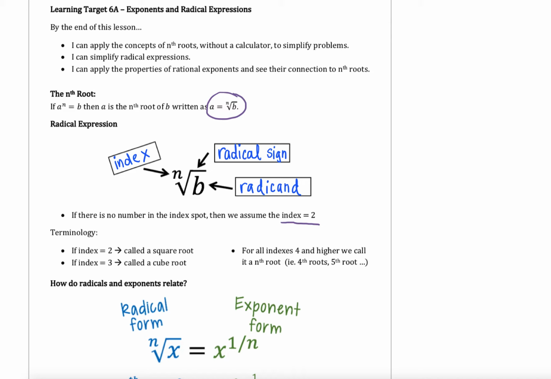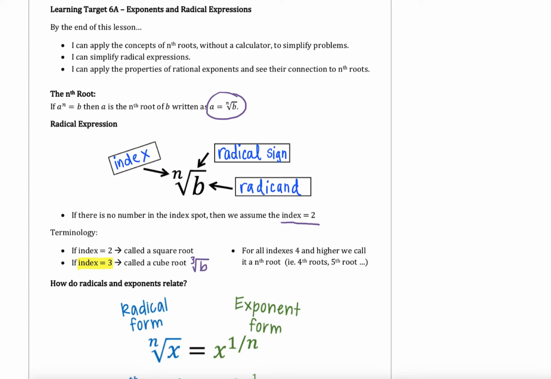Now, if our index becomes a higher power, if our index is a 3, we call that a cube root. And we would have a 3 written up there as that superscript, so it would be like the cube root of b here. For any index that is 4 or higher, we don't have any special names for that.